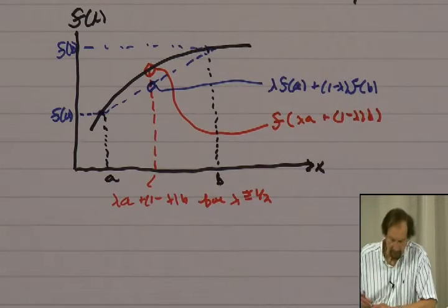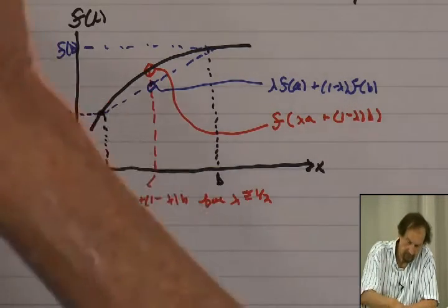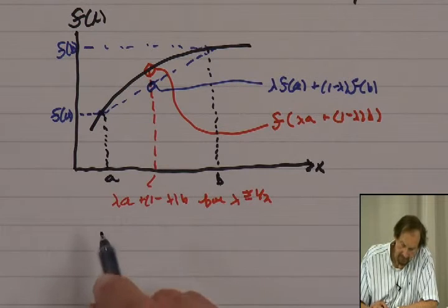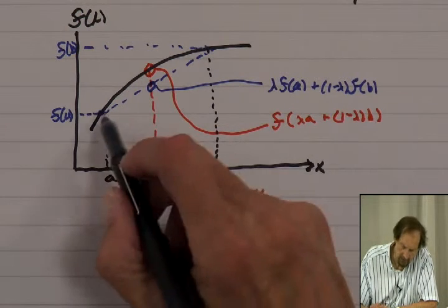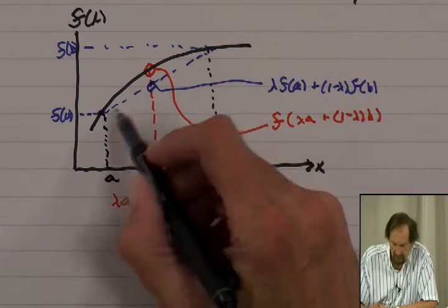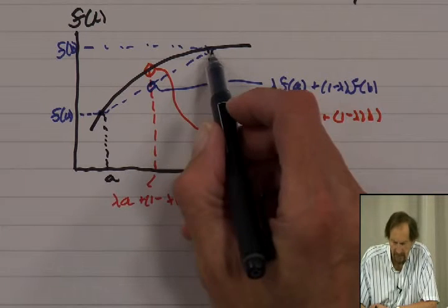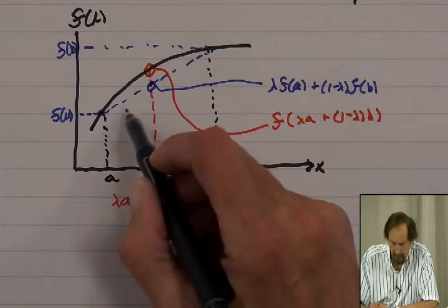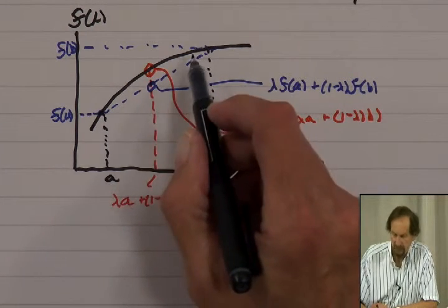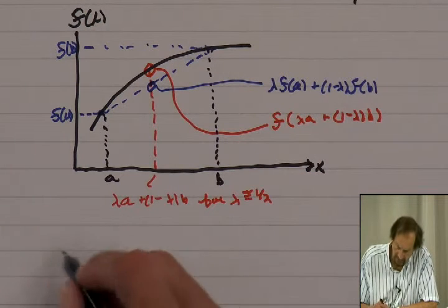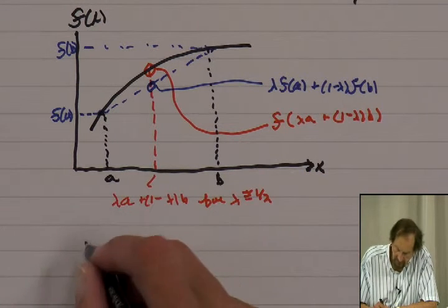So we can see that the curve always lies on or above that straight line. It lies on it at A and B exactly, but every place else, it's strictly above that. So what do we have? We have exactly the definition.